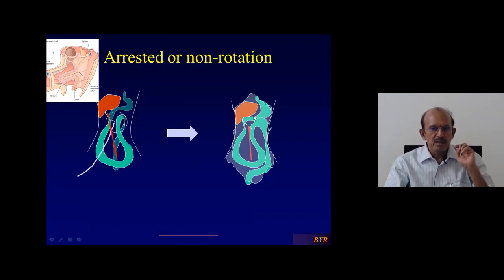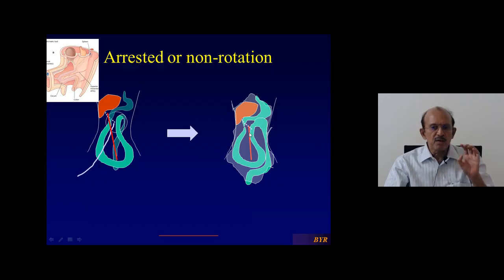This is the stomach, this is the duodenum, this is the third part of the duodenum. Instead of the duodenum going like this, now it came straight like this. This is all the ileum, small bowel, that means jejunum and ileum. And from here, this is the cecum. This is the ascending colon, and here is the transverse colon. And this is the descending colon.